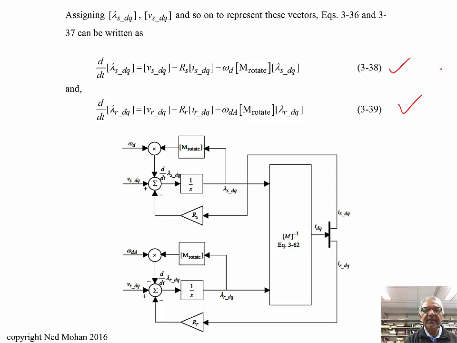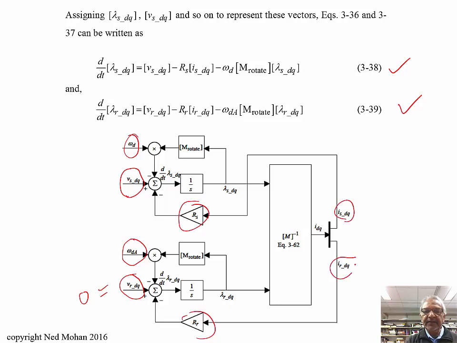Here you can see that you can draw a block diagram where these are the voltage inputs. In a squirrel cage machine, VR dq will be equal to 0. Then there is the speed of the d-axis and the speed of the rotor a-axis. The speed of the d-axis with respect to the rotor a-axis shows up over here, and you can make use of these equations to draw the block diagrams, using the resistance drop coming from the currents IS dq and IR dq.